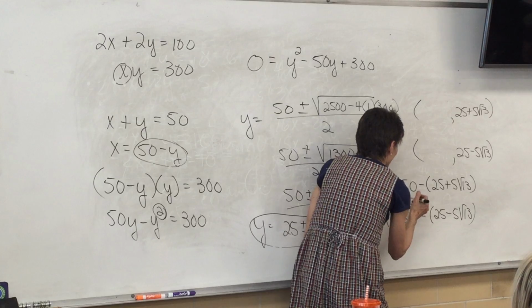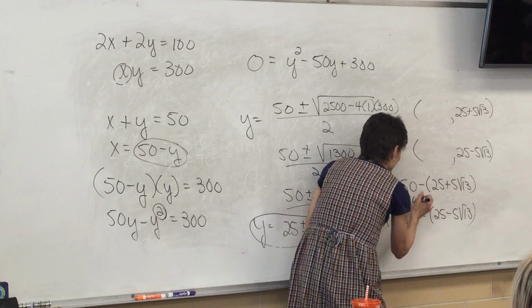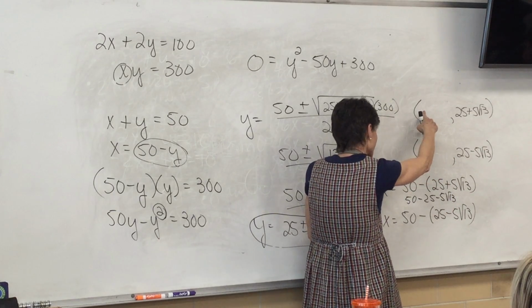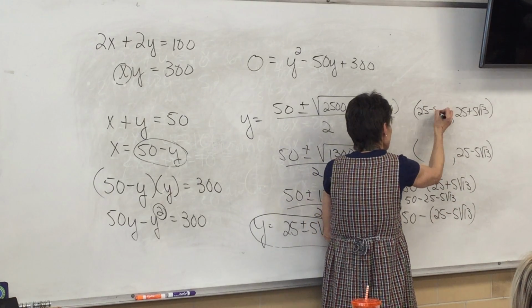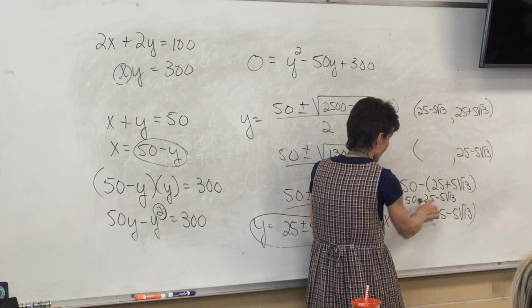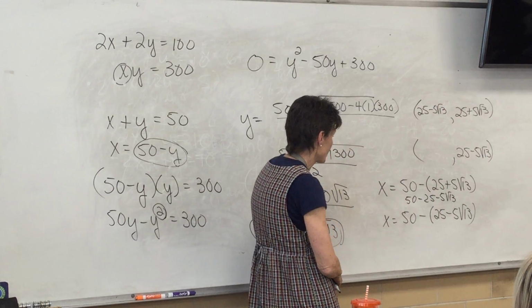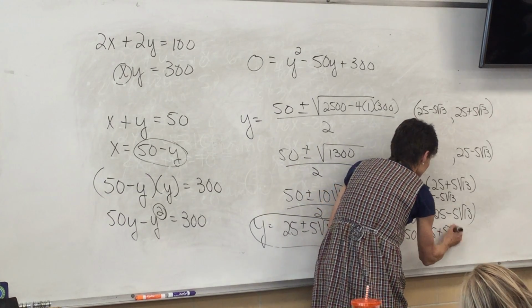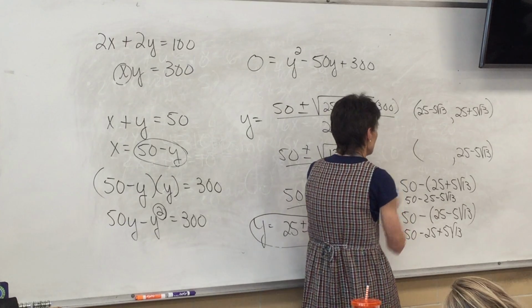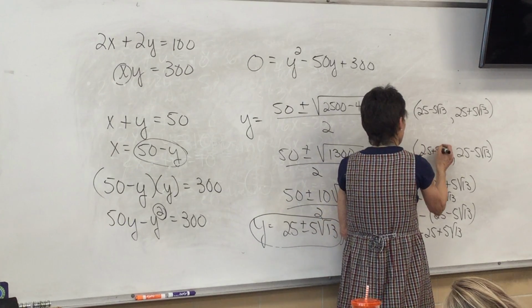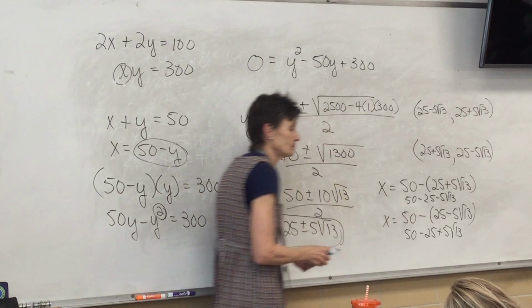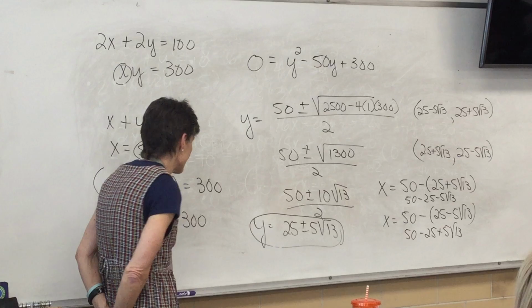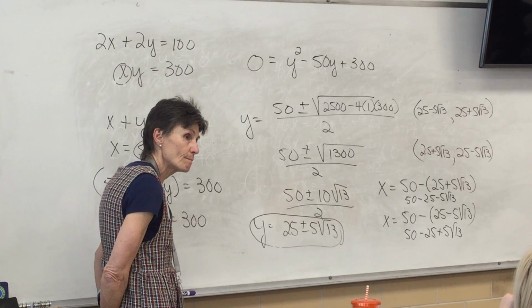All right, so what's the first one? 50 minus 25 minus 5 root 13. So that x is 25 minus 5 root 13? Is that right? And this one will be 25 plus 5 root 13.